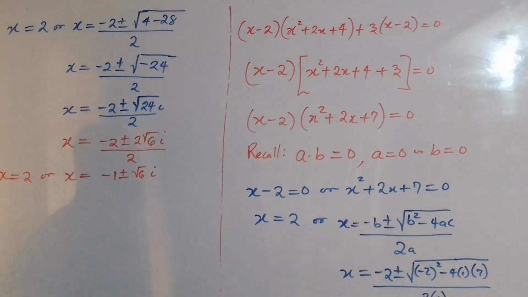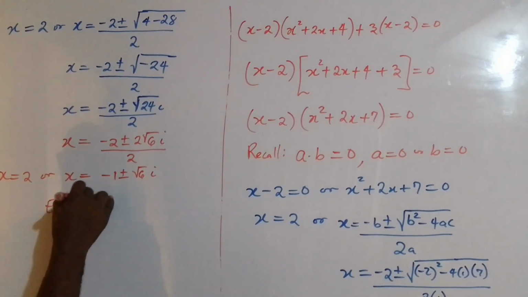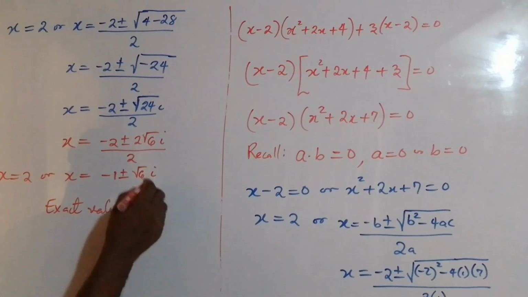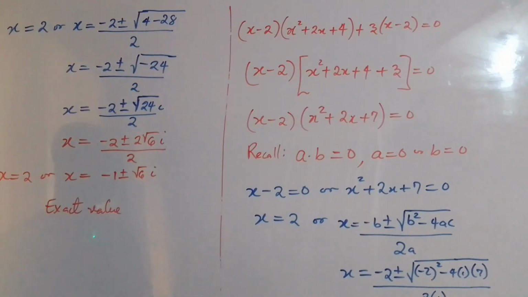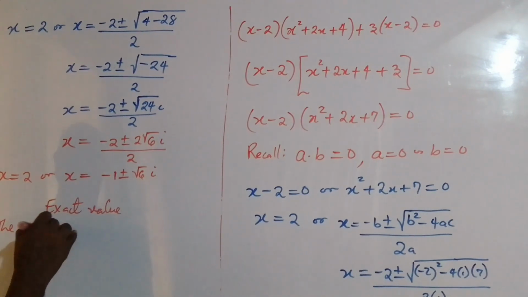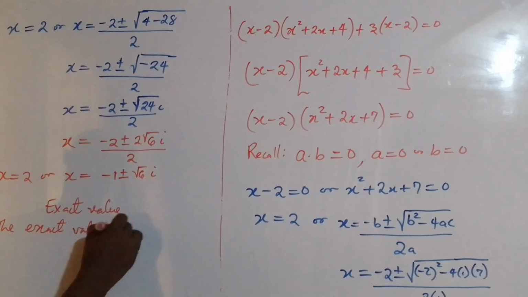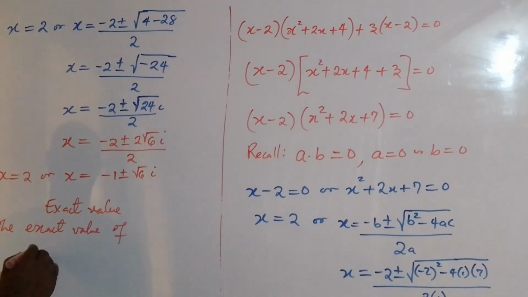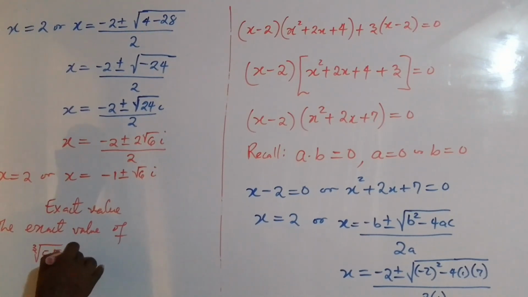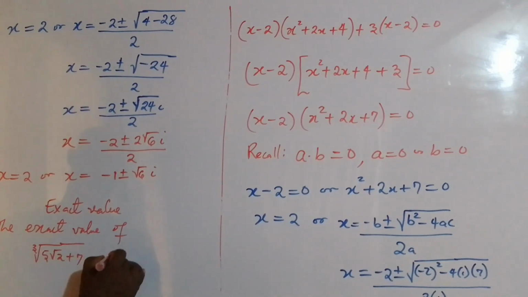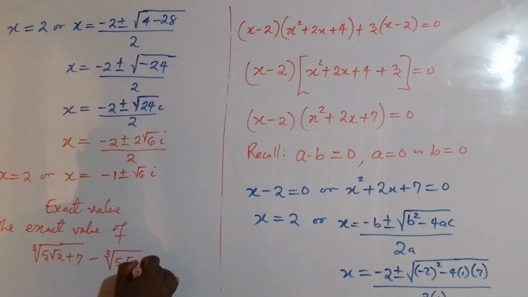And going back to the question originally, we have been asked for the exact value of that expression. So the exact value of cube root of 5 root 2 plus 7 minus cube root of 5 root 2 minus 7 is actually 2.